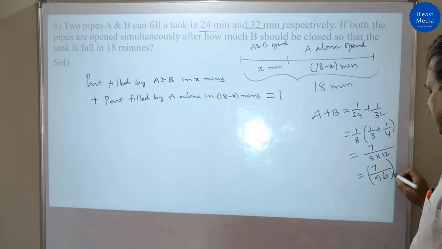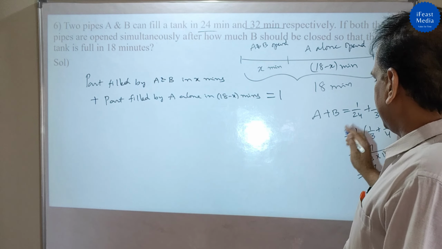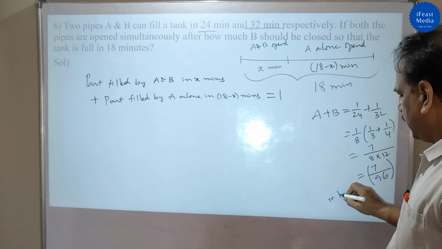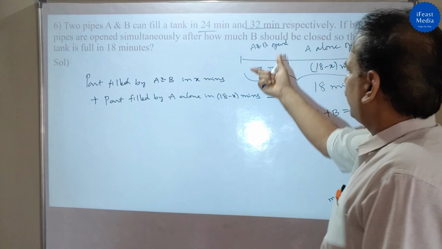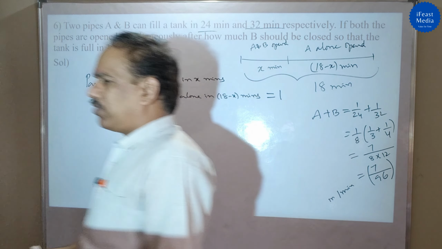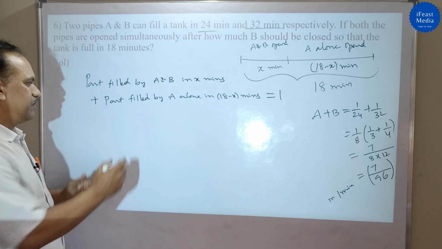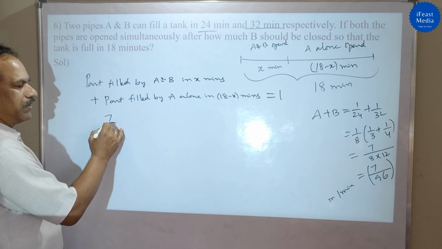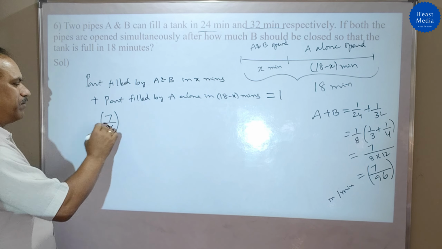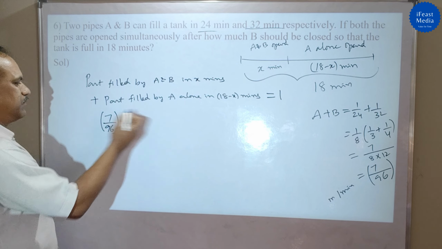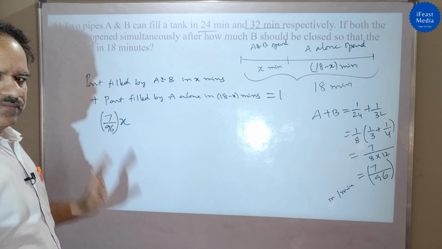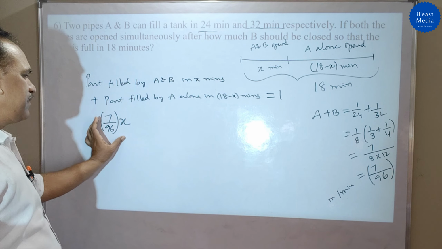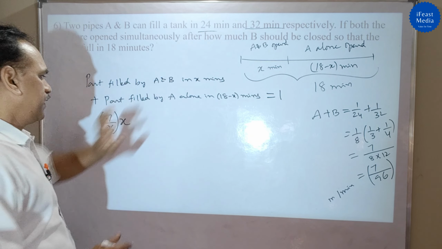So 7 by 96 part is filled in 1 minute by both A and B. But they are open for X minutes, so you just multiply this by X. So 7X by 96 part is filled in X minutes.